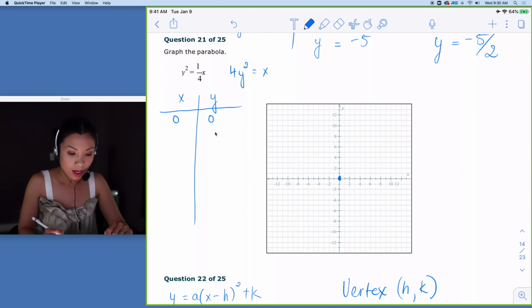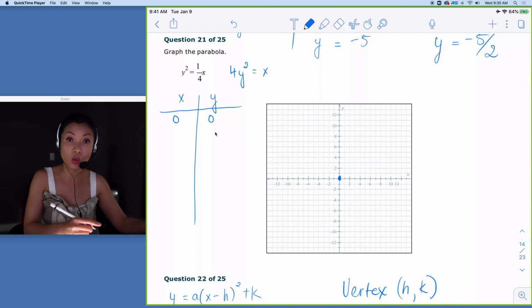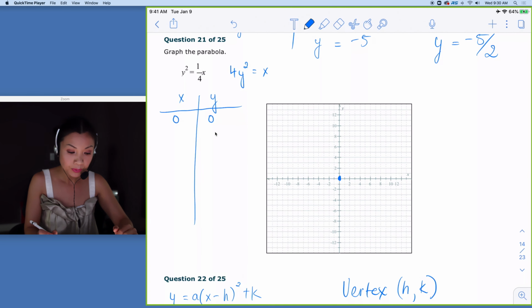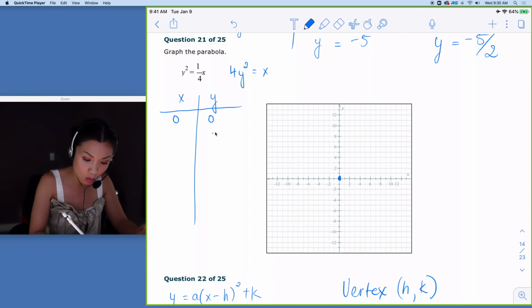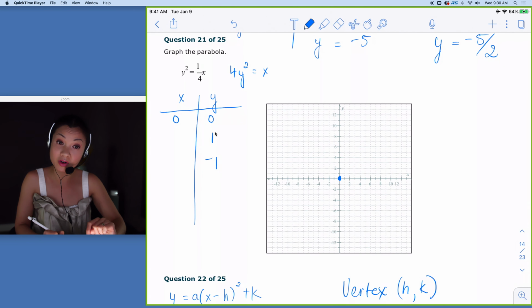And this time because we have x equals y squared, we're gonna have to pick y and solve for x. All right, so for y, I'm gonna choose the easy ones. So how about 1 and -1? So it's gonna be the top and the bottom from the vertex.